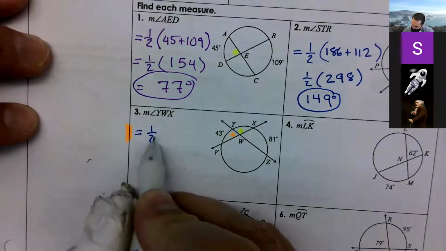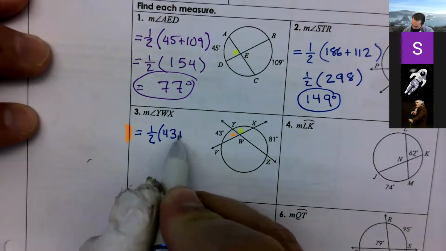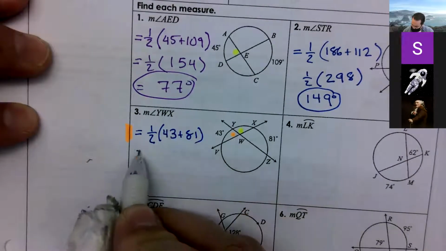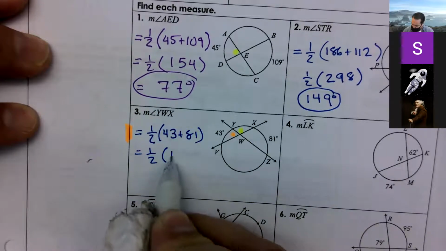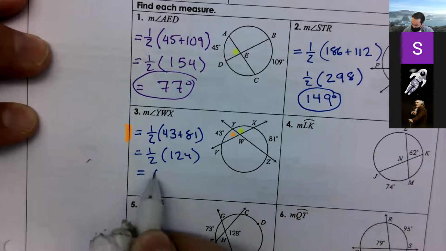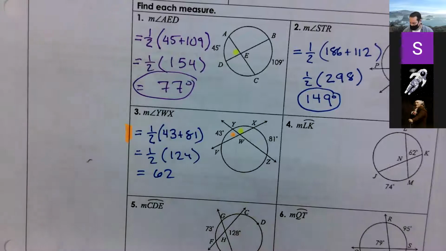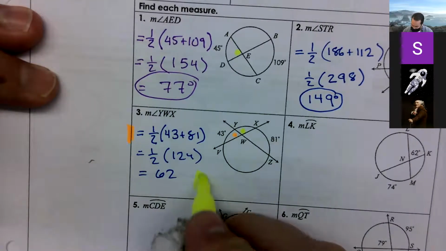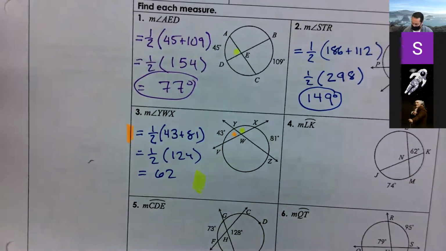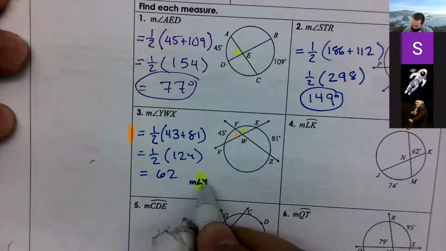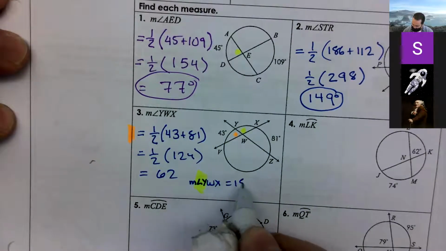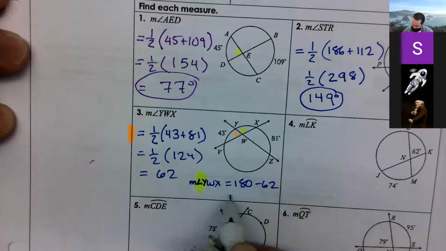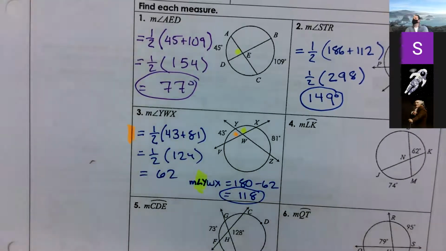It's going to be 1/2 of 43 plus 81, which is 1/2 of 124, which is 62. Then to find the yellow one, which is what we're looking for, measure angle YWX is 180 minus 62, which is 118.